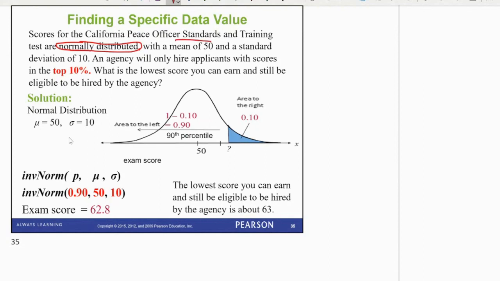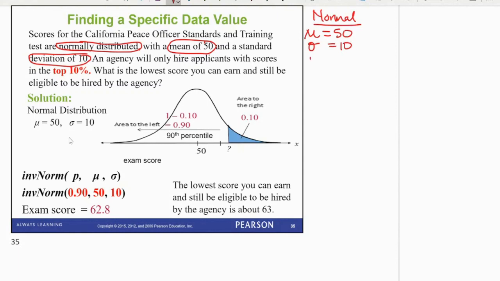They gave us the mean, and then they gave us the standard deviation. So let me write out the information. We know it is normal. We know the mean is 50, so definitely it is not standard normal. It is a regular normal. Then the standard deviation happens to be 10.